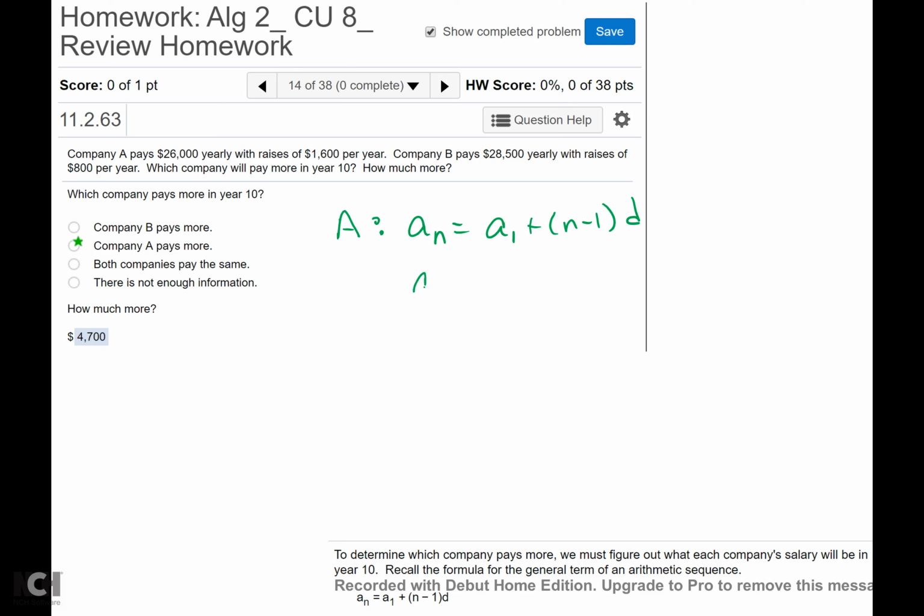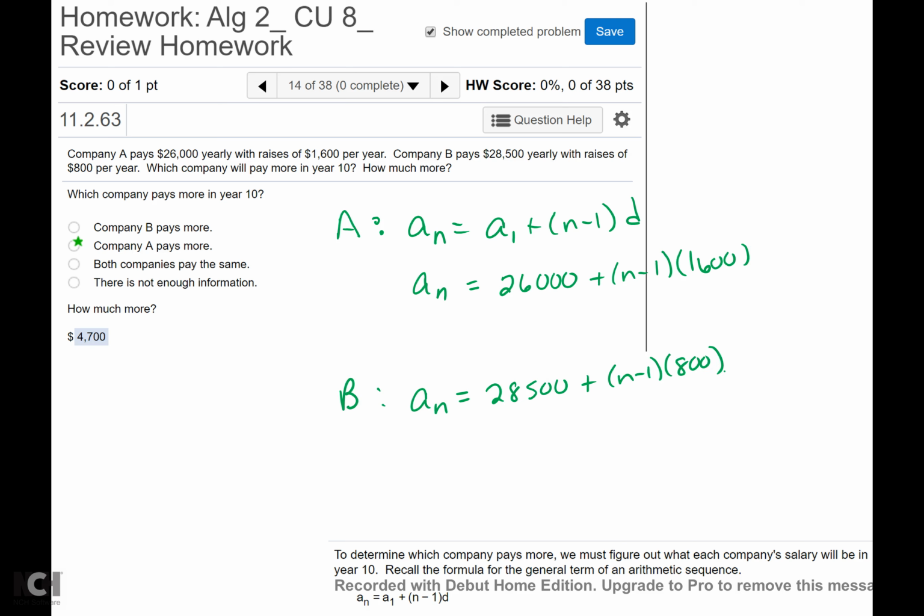So for Company A, the nth term will be, they're paying $26,000 plus n minus 1 raises of $1,600. For Company B, a sub n equals their starting point, 28,500, plus n minus 1, 800 raises.